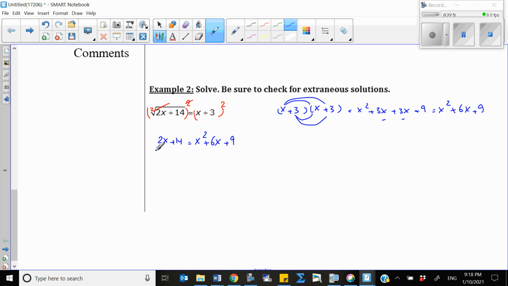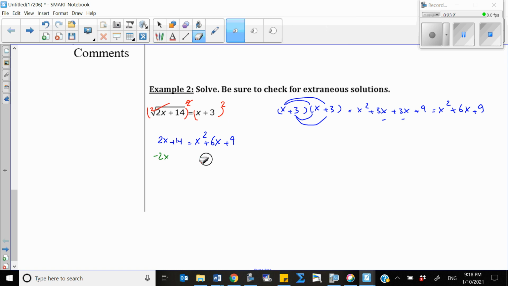Now, in order to solve this, I have a linear on the left side and a quadratic function on the right side. I'm going to change this equation in a way that I have only one quadratic function. So I can factor that, and that way I can easily solve the equation. So what I do here is to subtract 2x from both sides.